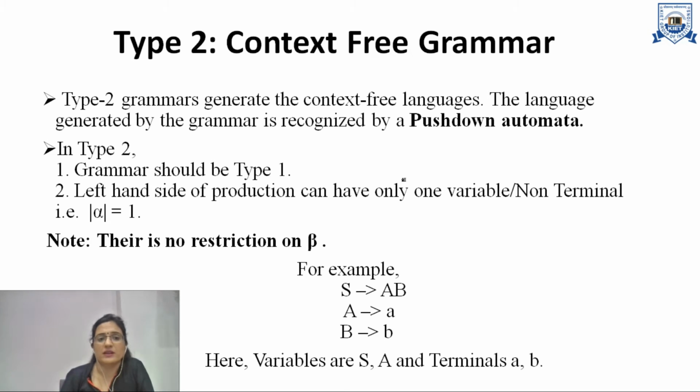Type 2 grammar is known as the context-free grammar, and the language generated by the context-free grammar is known as the context-free language, and the language generated by this grammar is recognized by the push-down automata. Push-down automata is basically a combination of finite automata plus stack.